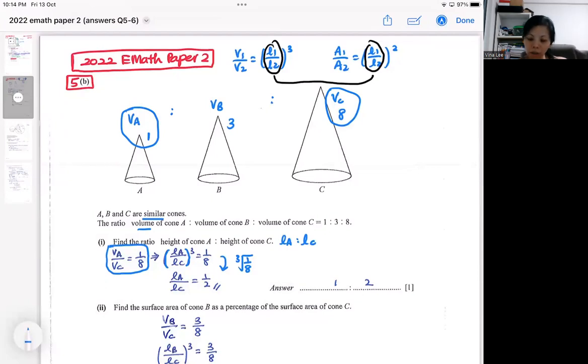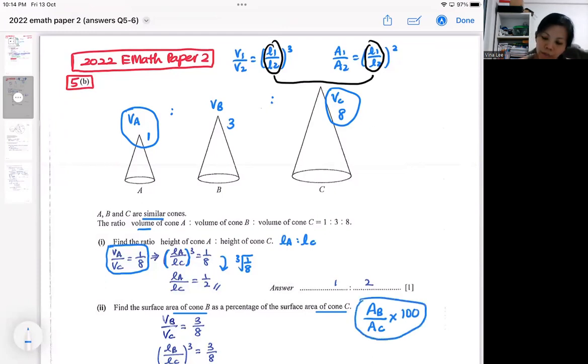Subsequently, we wanted the surface area of cone B as a percentage of the surface area of cone C. So essentially, you want the area of B over the area of C times 100%. This is what the question is asking you. Remember I said that the two ratios are actually linked by the length ratio.